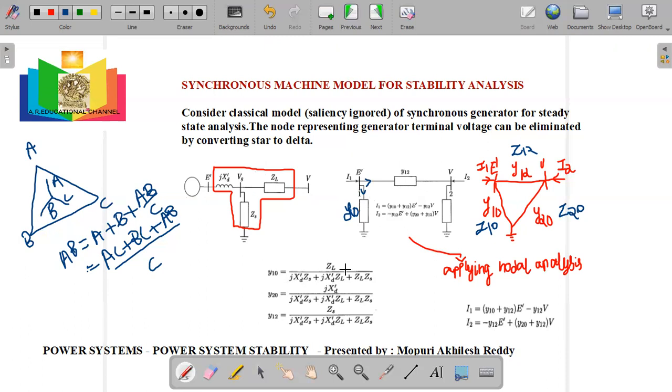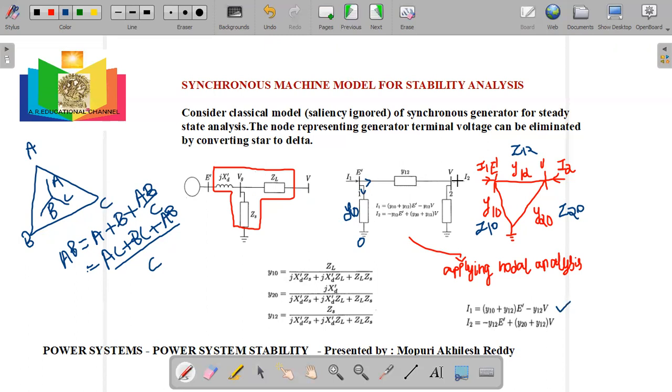Since here it is ground at 0, I1 is equal to E dash minus 0 into Y10 plus E dash minus V into Y12. If I take common, then I will be getting this equation.